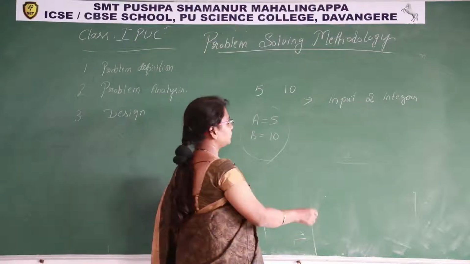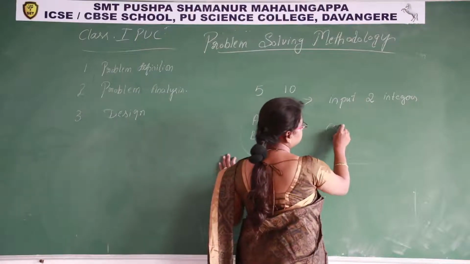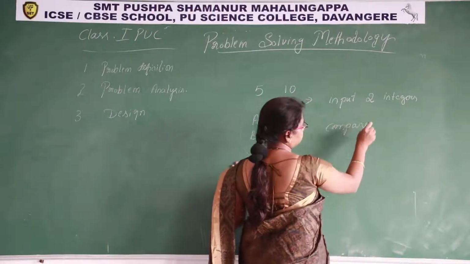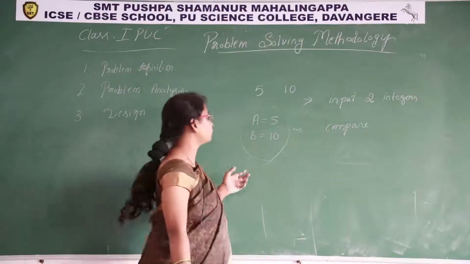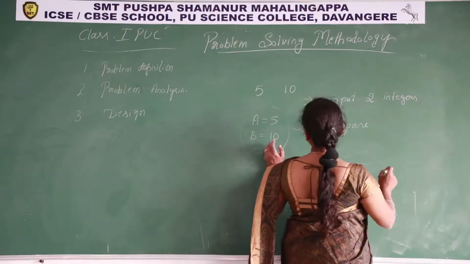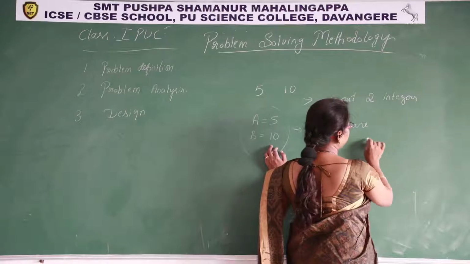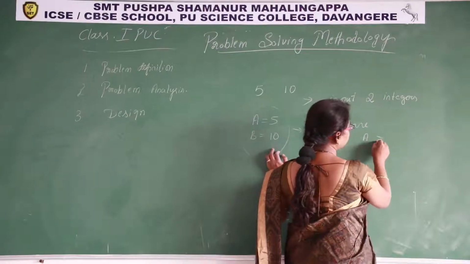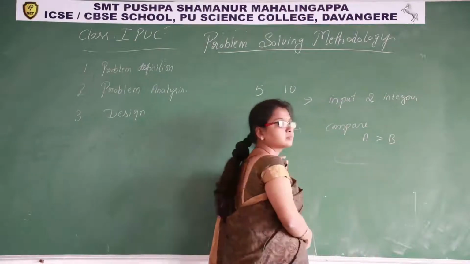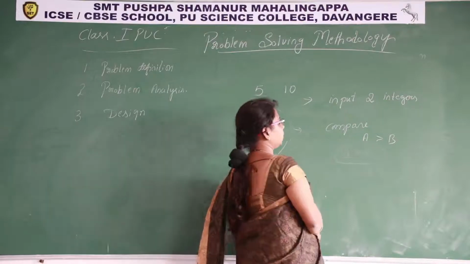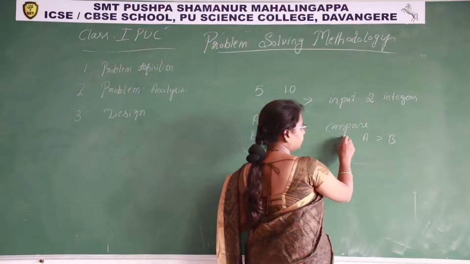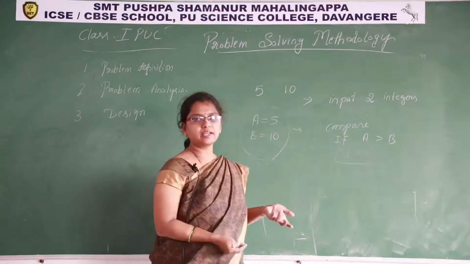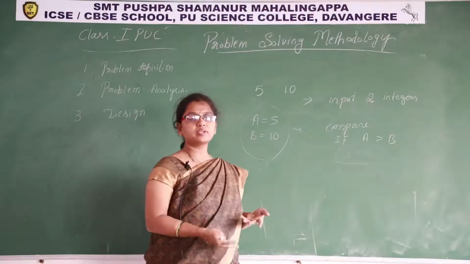After that, compare. Compare how? Which is greater? Comparison: A greater than B. Generally we call it if. If A greater than B, then what is the conclusion?